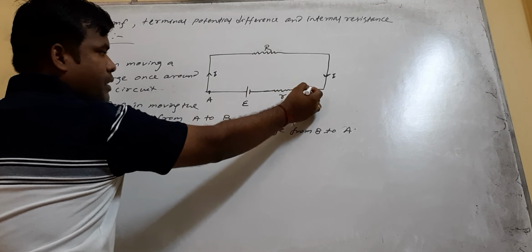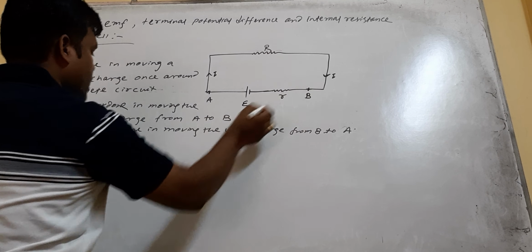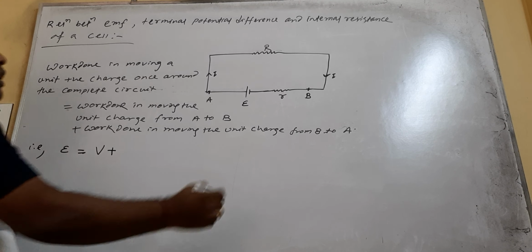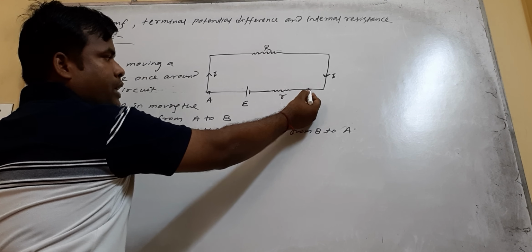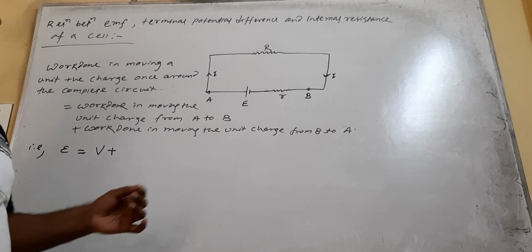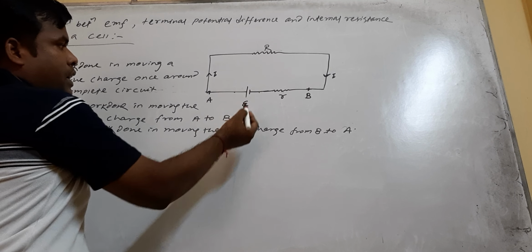From A to B means from one terminal of the cell to its other terminal, that is terminal potential difference, plus work done in moving the unit positive charge from B to A. B to A, that means this terminal to this terminal.